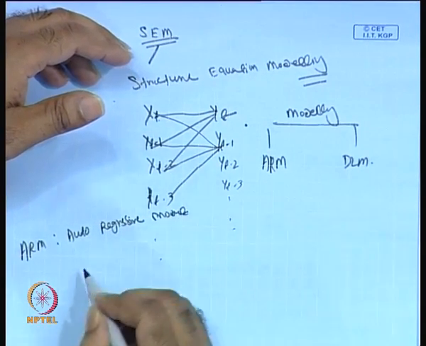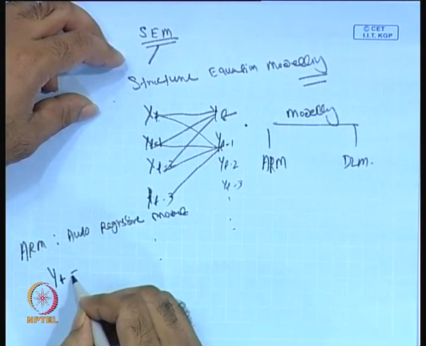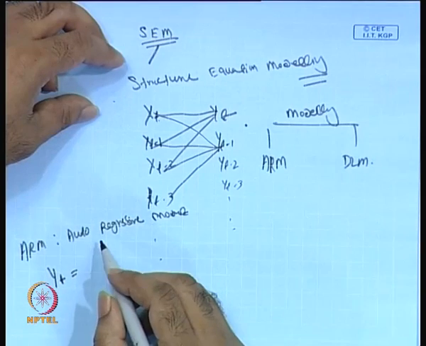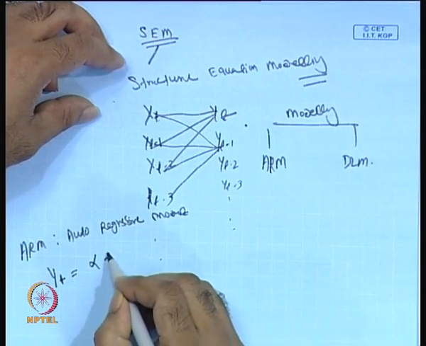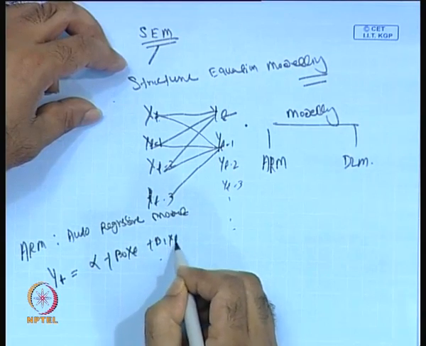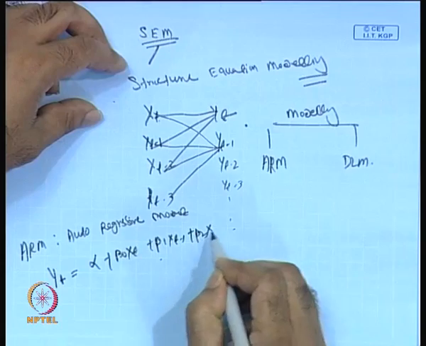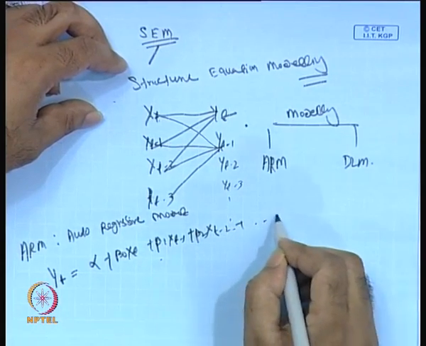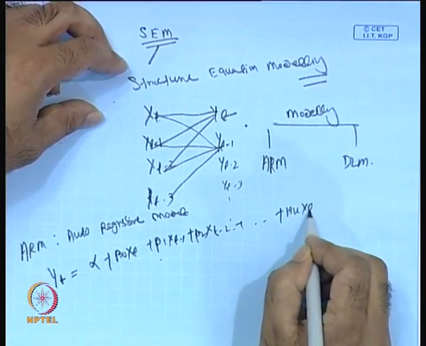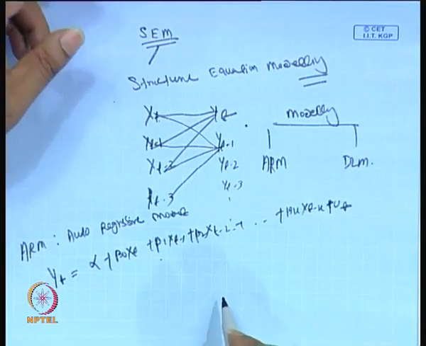Then what are autoregressive models? We can write it this way: yt equal to alpha plus beta 0 xt plus beta 1 xt minus 1, plus beta 2 xt minus 2, it will continue, plus beta k xt minus k plus ut. This is one type of autoregressive model.